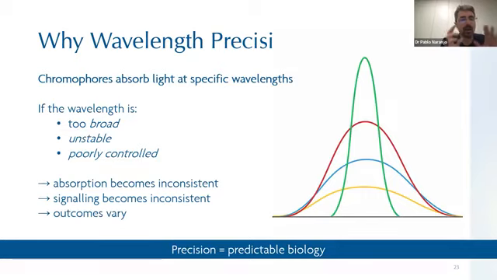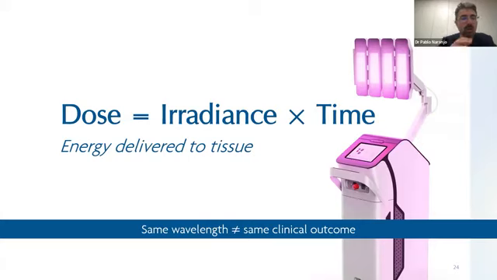So the absorption becomes inconsistent, and the signaling becomes inconsistent, and the outcome varies if the delivery of the wavelength is not the proper one. So we need to choose the proper device with the proper chromophore with the proper time to achieve the expected result. So how do we calculate that?